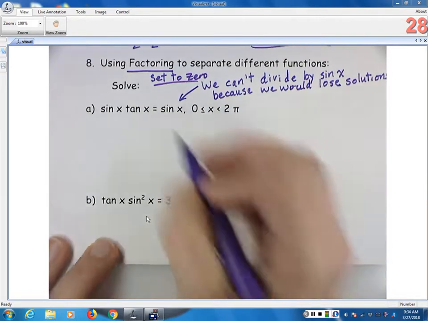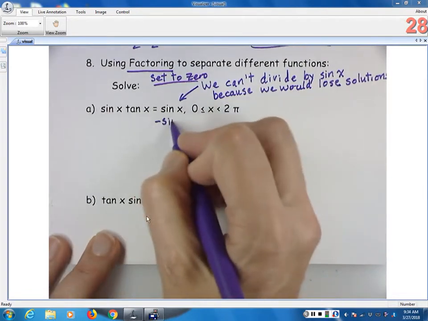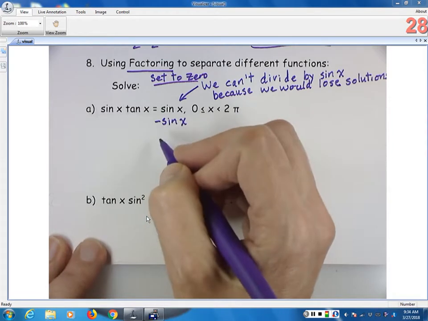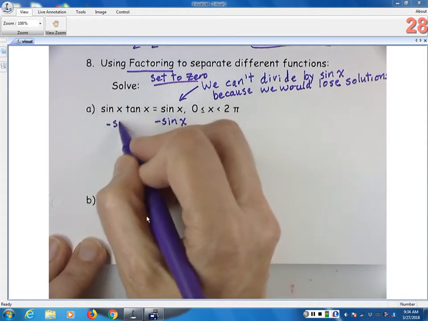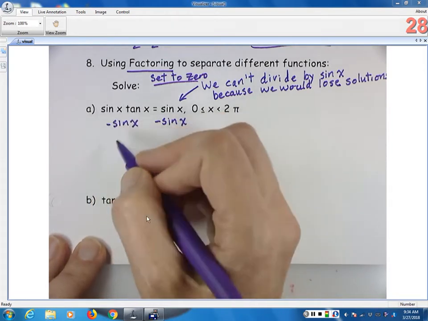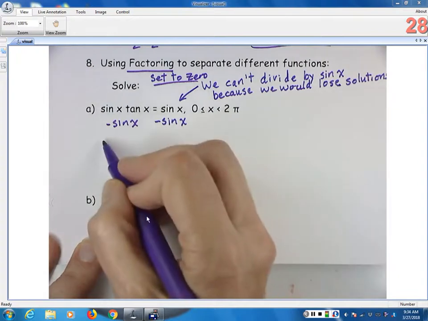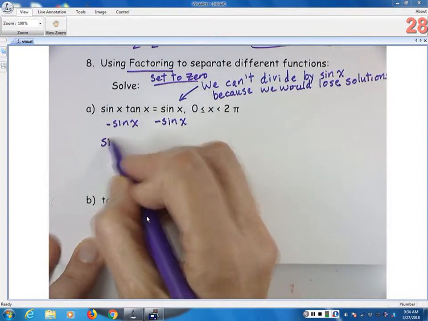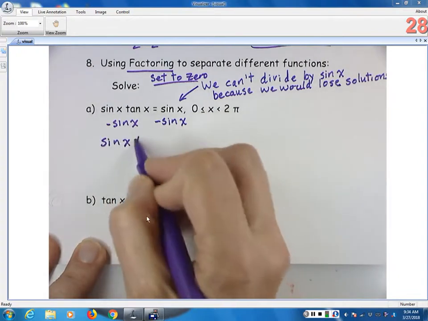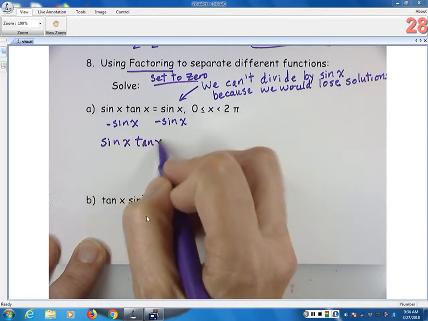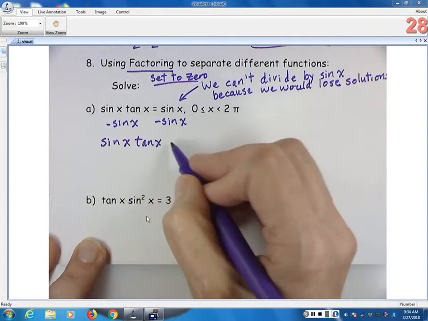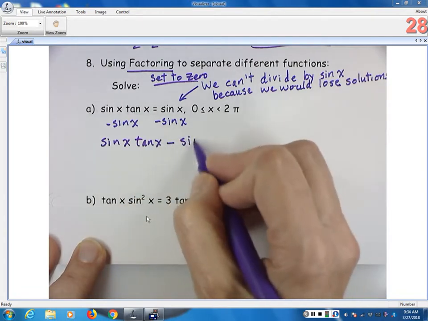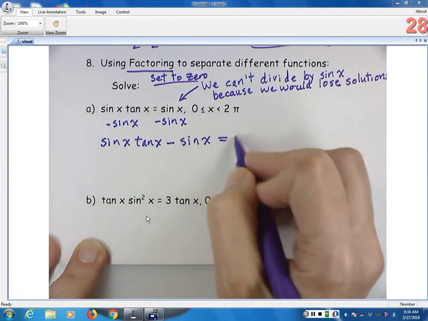So we're going to subtract sine x. And there's no like terms for sine x. So this is sine x tangent x minus sine x equals 0.